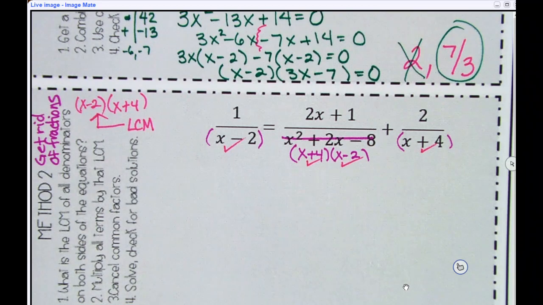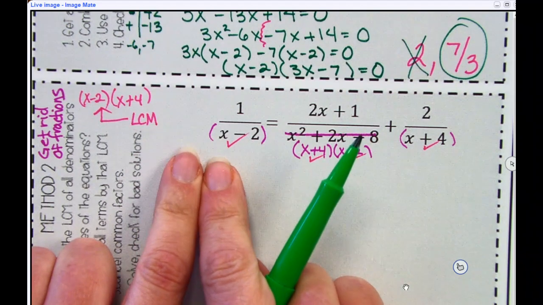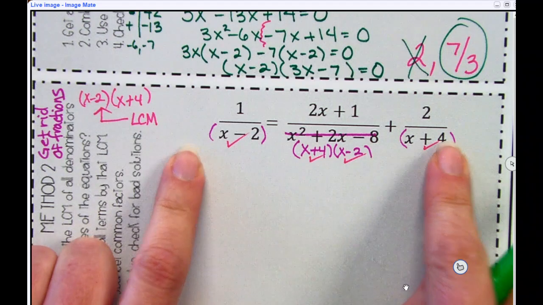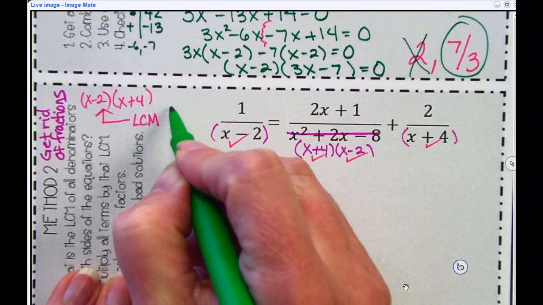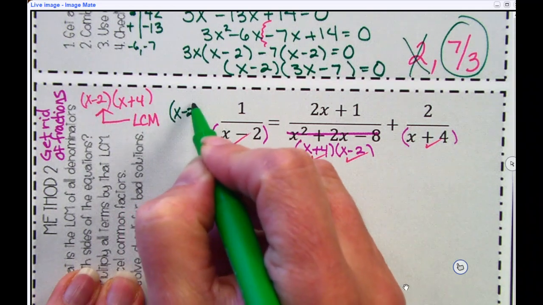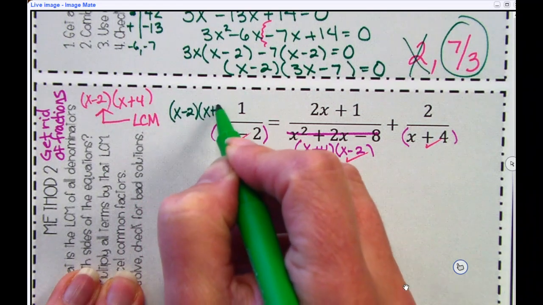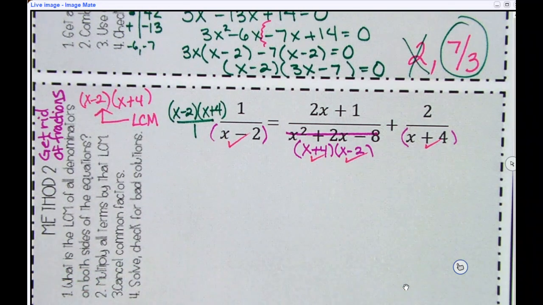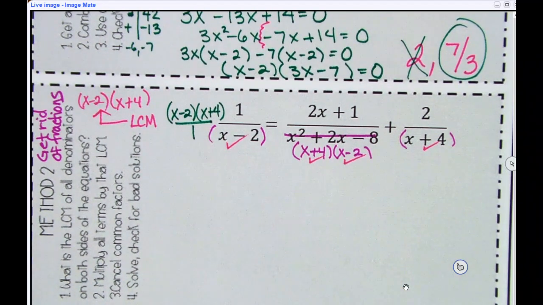Now remember, if I do something on one side and I do it to the other side of an equation, it's fair game, right? So if I times this side by my least common multiple, I could choose to write it like this, and then have to distribute it through.